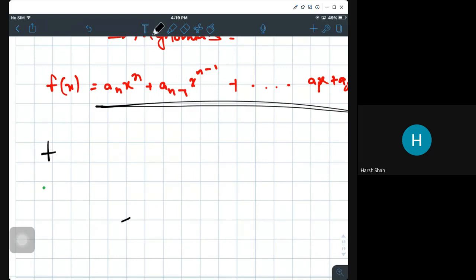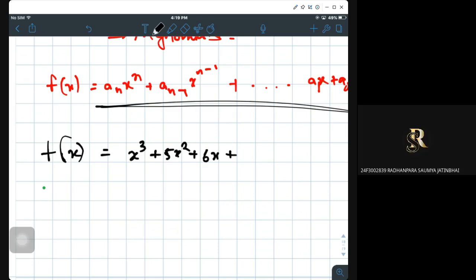Let me take an example. f(x) is x cube plus 5x squared plus 6x plus 2. Okay, let me take 2. So I need to find the first root of it by trial and error method.